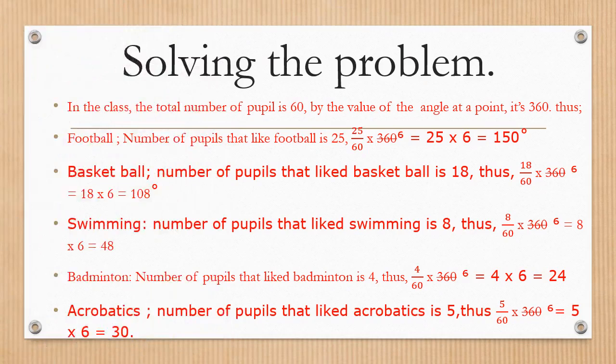In the class, the total number is 60. Then we are working with the value of the angle at a point, which is 360. For football, the number of pupils that liked football is 25. So we say 25 divided by 60 pupils, times 360, the sum of angles at a point.